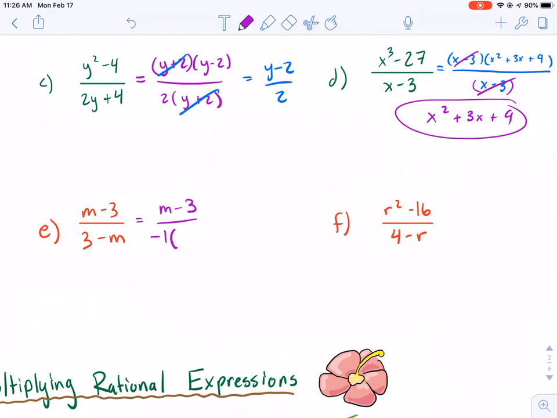The signs change. So a 3 inside the parentheses will become -3, because -3 times -1 will give us a positive 3. Then we have -1 times what will give us -m? Well, that's a positive m. If we rearrange this, we get m minus 3 over -1 times the quantity m minus 3.